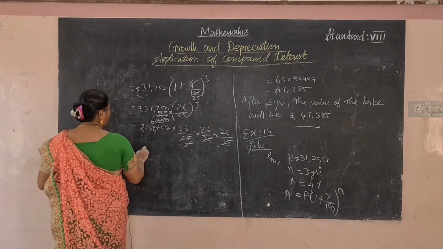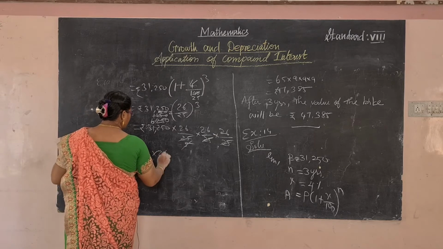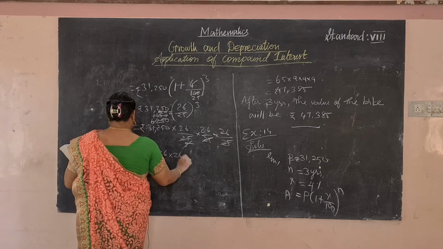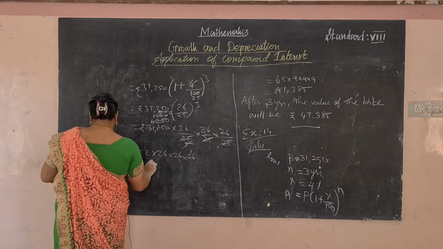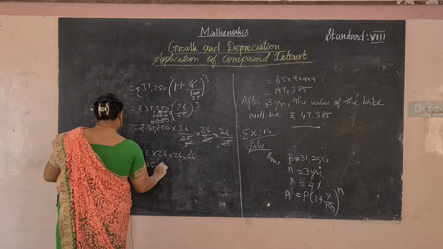So what is remaining here? 2 into 26 into 26 into 26, we get 35,152.